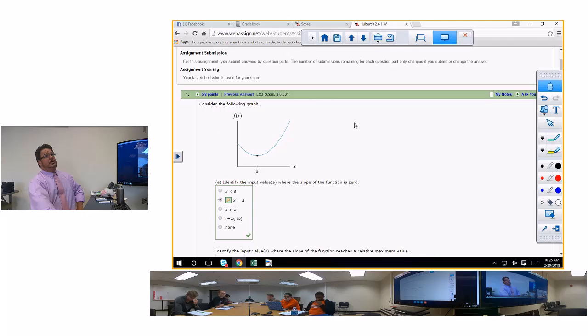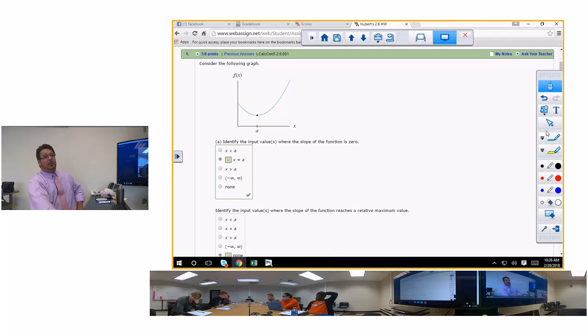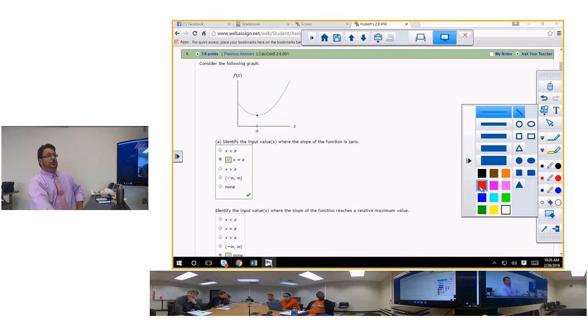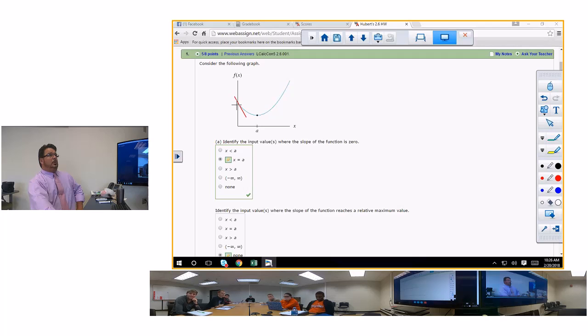Okay, let me ask y'all a question. I might be reading the problem wrong, but what is the slope doing right here? Decreasing. Okay, what's the slope doing right there? Decreasing. One more question. Decreasing.